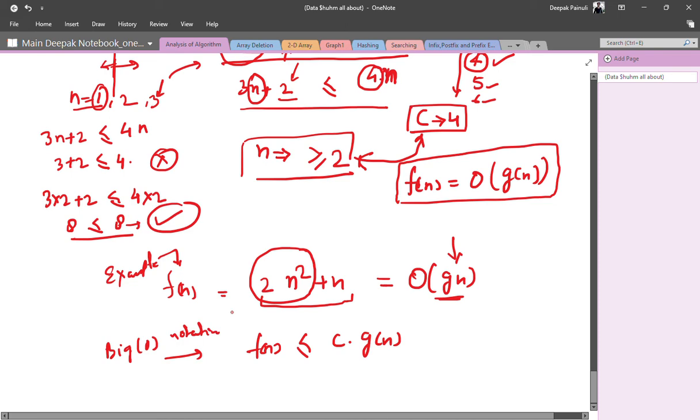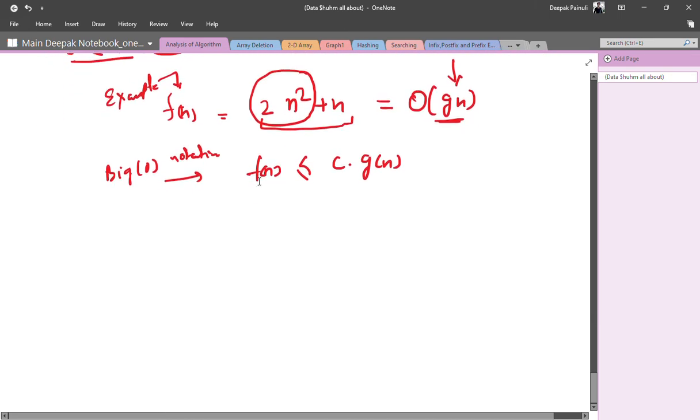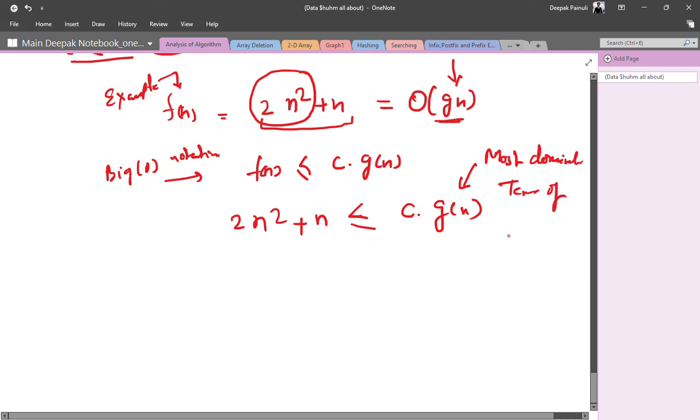So if you want to prove that, obviously you need to put your function as 2n square plus n should be less than or equal to c dot gn, and we need to find gn. So to find gn, the basic assumption we will use is we will take the most dominating term in the LHS, the most dominating term of fn, which is present here.